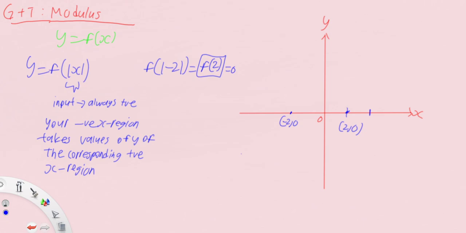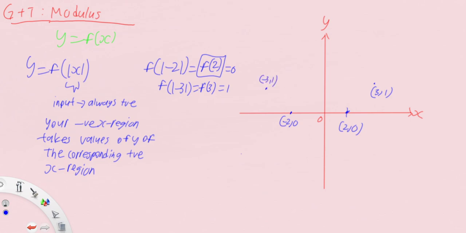Similarly, if you were to have, let's say, (3, 1), then f(|-3|) would be f(3) equals 1 as well. And as such, you have (-3, 1).